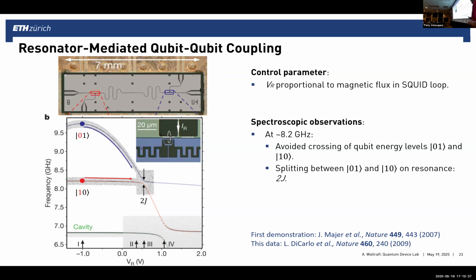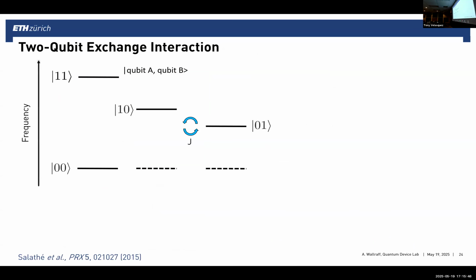And so the interaction at this anti-crossing you can use to perform a so-called iSWAP gate between your two neighboring qubits. In an energy level diagram, you could imagine it this way. There are 4 states, the 4 different combinations of qubit basis states indicated here.